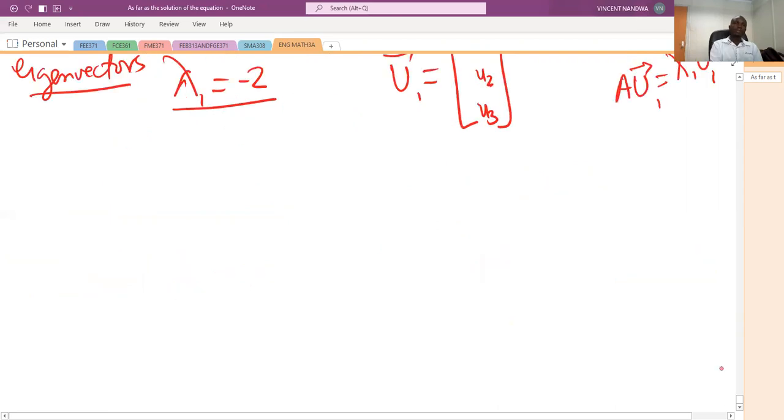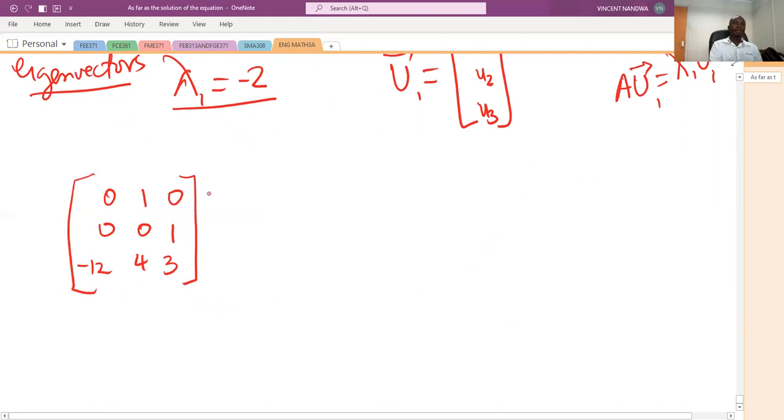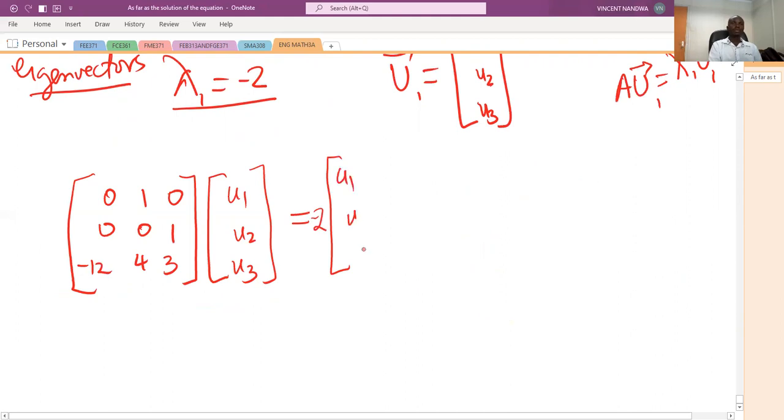The A matrix is given by 0, 1, 0, 0, 0, 1, minus 12, 4, 3, times u1, u2, u3, which will be given by minus 2 times u1, u2, u3.